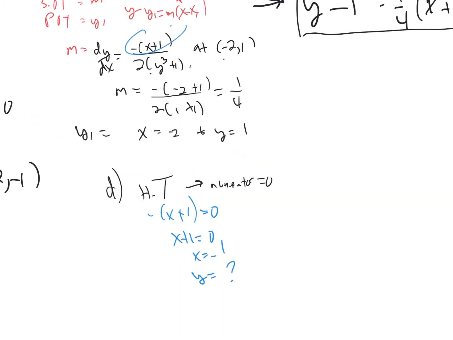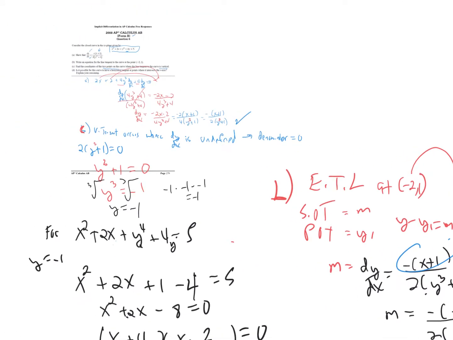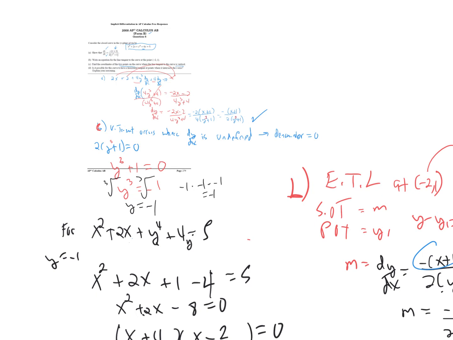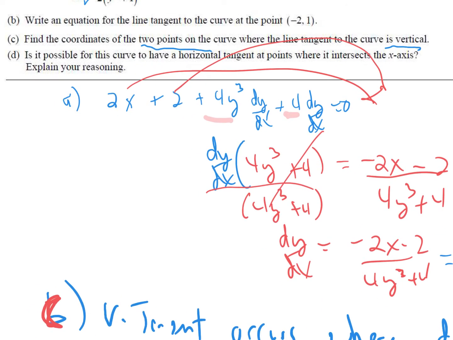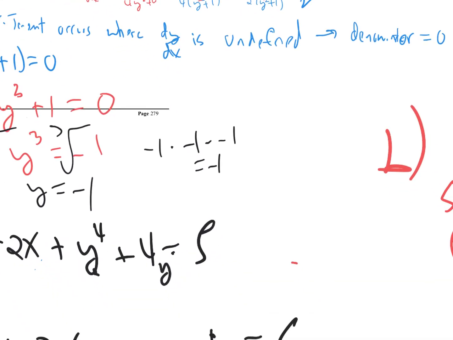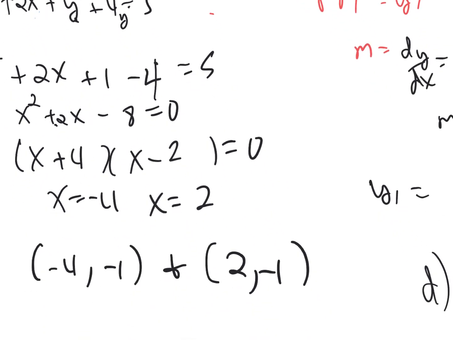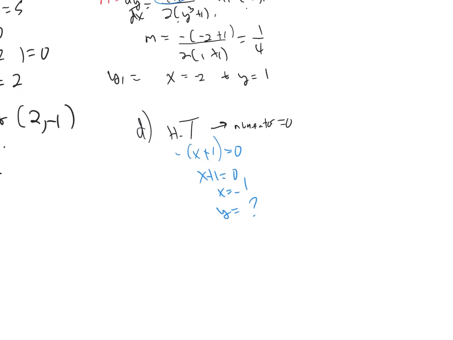Read the problem again. He says, I want the horizontal tangent where it intersects the x-axis. That means y is 0. If I intersect the x-axis, the y is 0. So I know it's going to be 0.